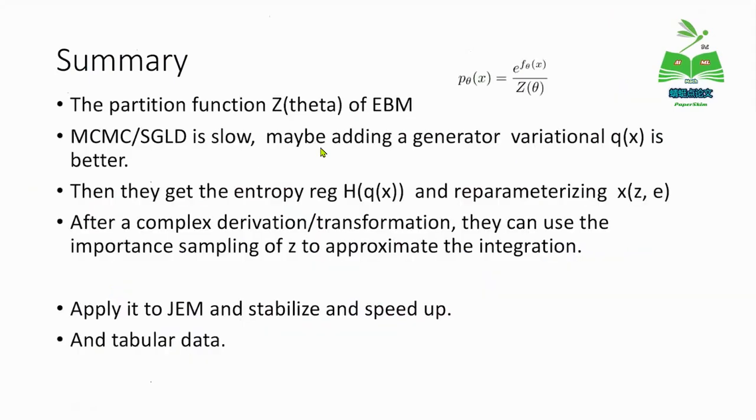Okay, summary. They also consider how to optimize the partition function for this term. And since SGLD is slow, maybe adding a generator with a variational distribution q_phi(x) is better. Of course, it's better. So then they derive it and find they get an entropy regularization term with the reparameterized z and the epsilon.